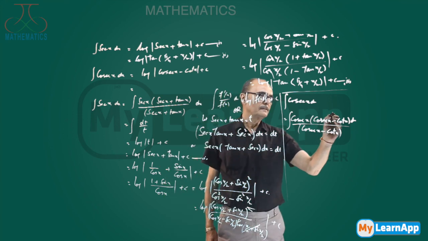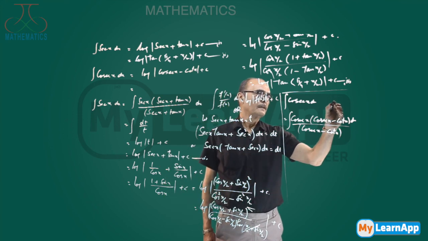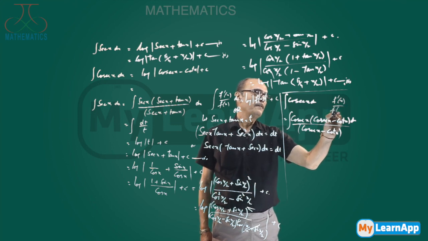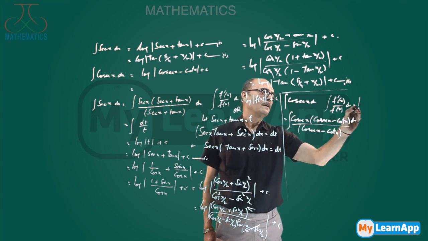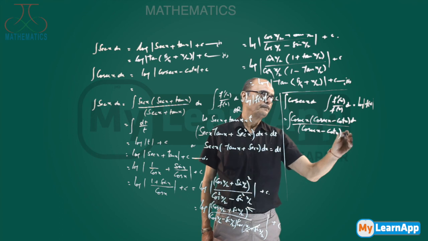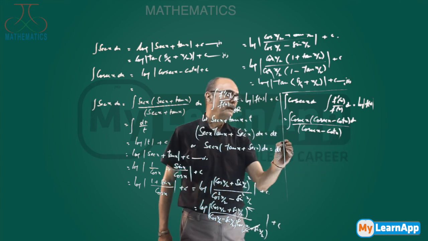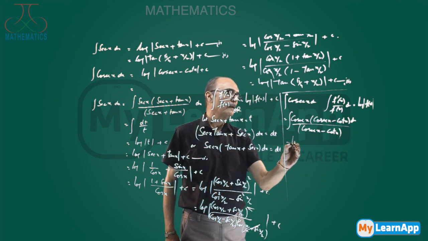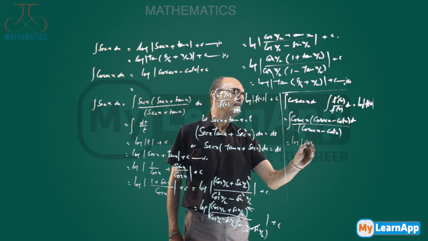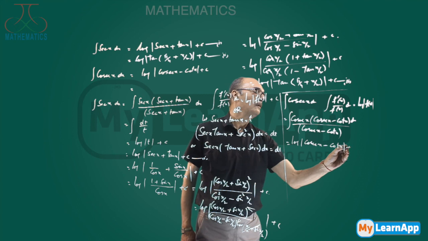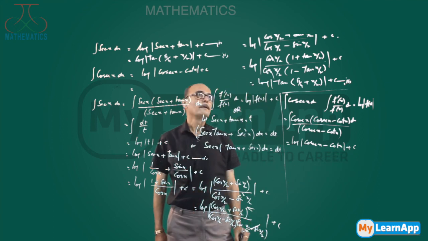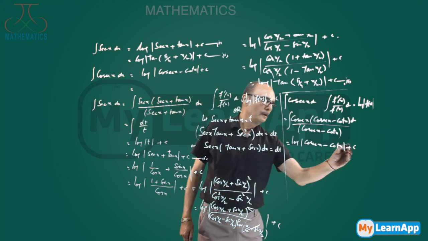Use the formula that integral of f dash x upon f of x dx is log of f of x. So this will be log of cosec x minus cot x plus c. This is the first form of this.